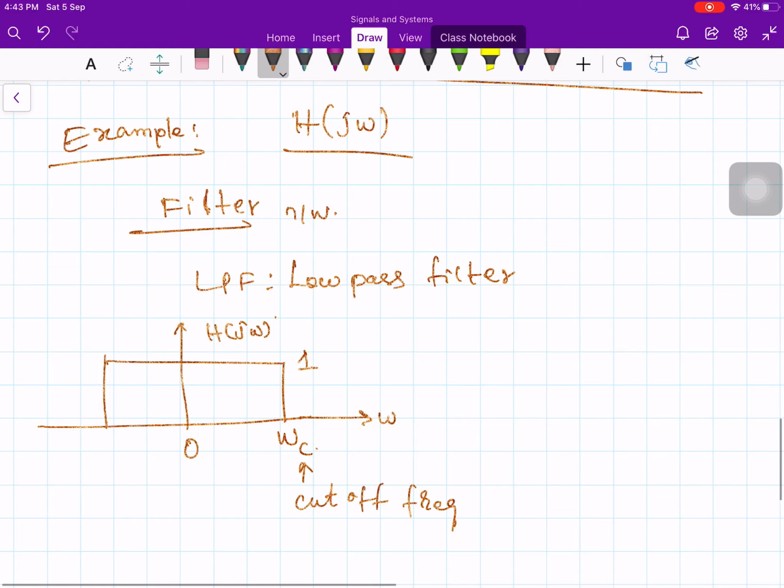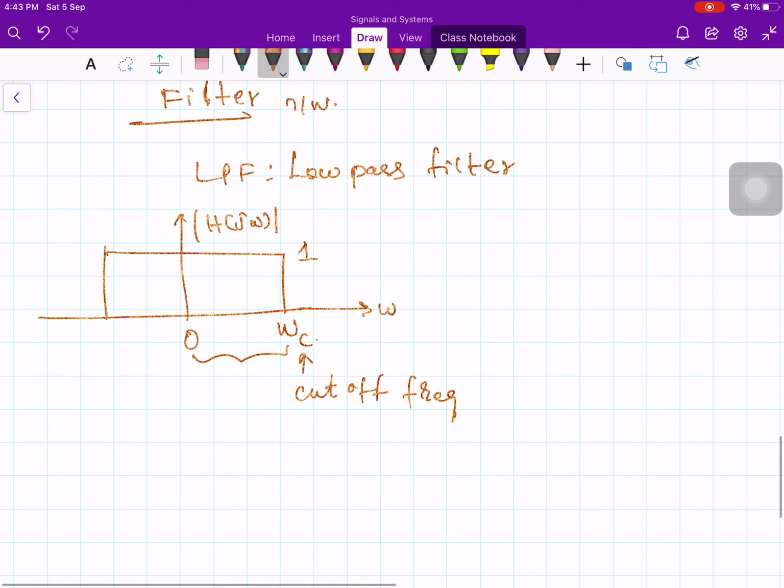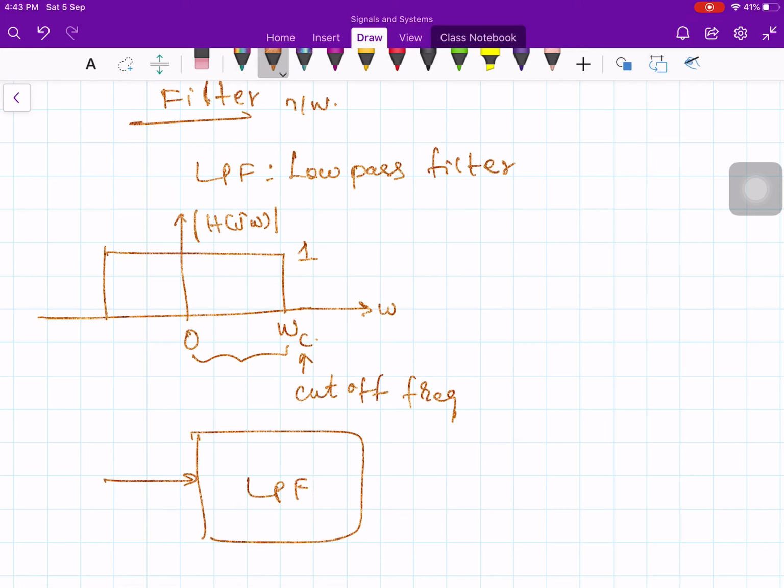What does it mean? It passes the frequency without any attenuation and without any amplification also. It passes the frequency from 0 to omega c as it is, no disturbance. Okay, therefore you have a low pass filter. This is your input x of t, and this is your output y of t.